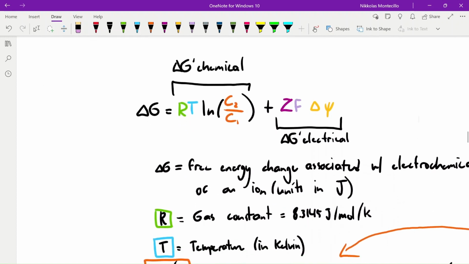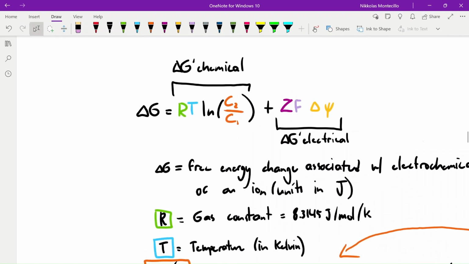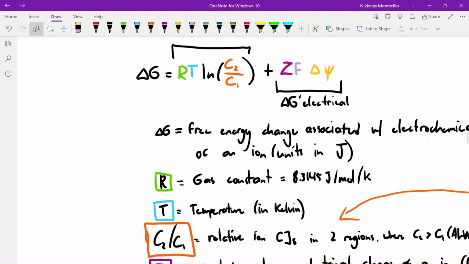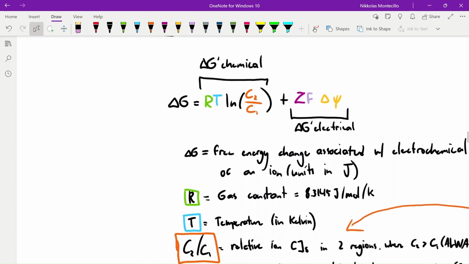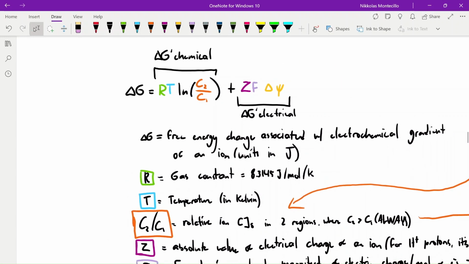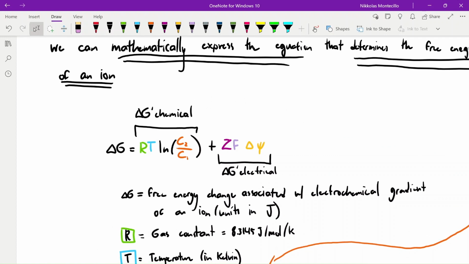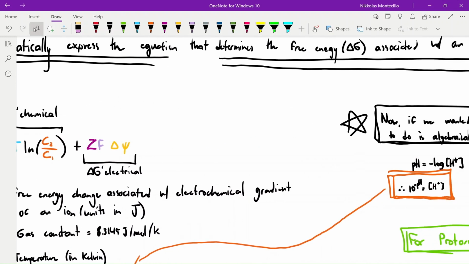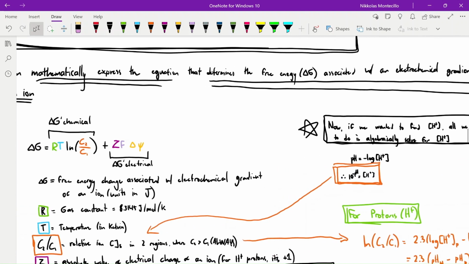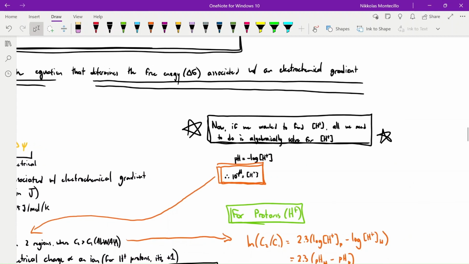We see that the chemical potential is comprised of the gas constant, which is just 8.3145 joules per mole per Kelvin. It's also comprised of the temperature, and then a natural logarithmic expression of a ratio of concentrations. So we can see the relative ion concentrations in two regions, where the second concentration is always greater than the first concentration.